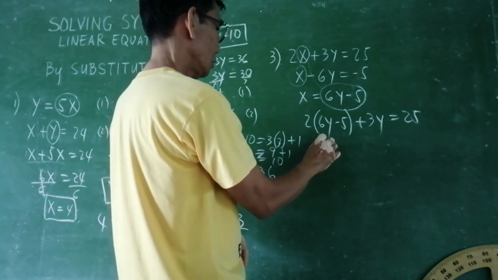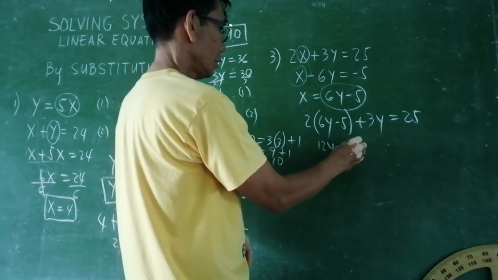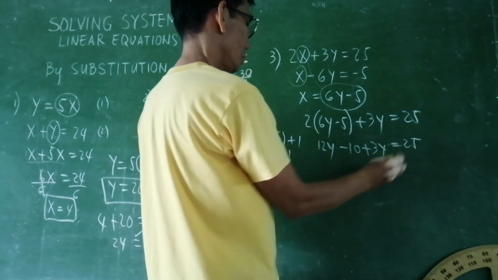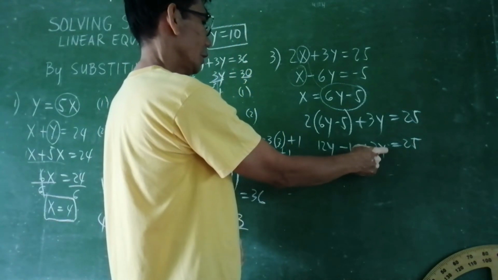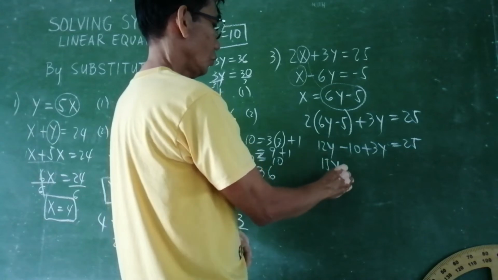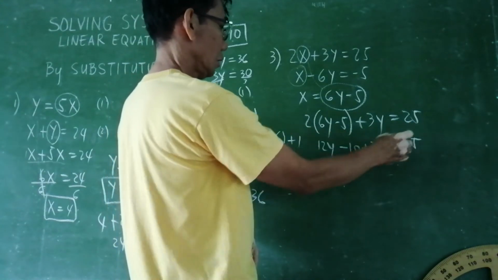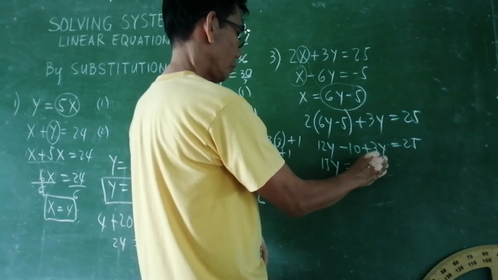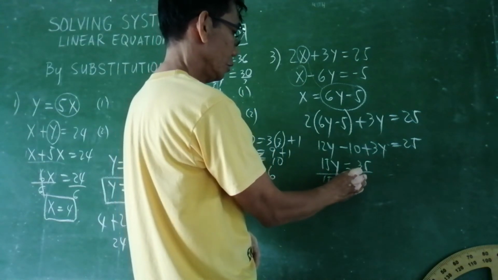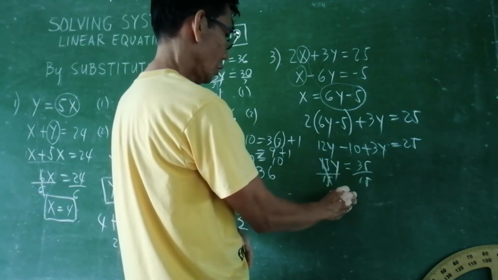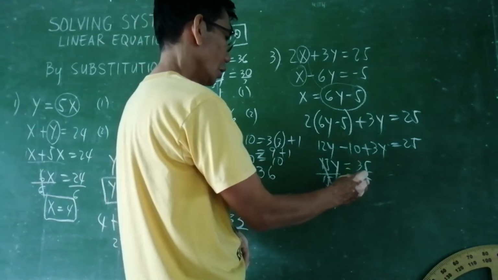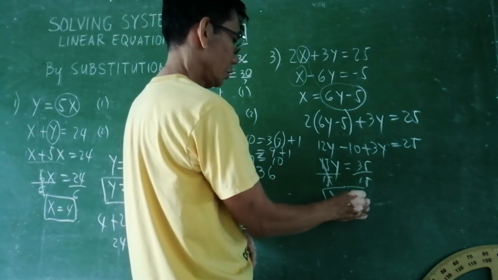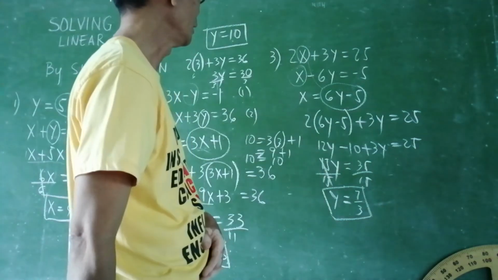So 2 times 6 is 12y minus 10 plus 3y equals 25. So 12y plus 3y is 15y. Transpose that, 10 plus 25 is 35. So divide by 15, divide by 15. So y will be equal to, we just reduce by 5, 7 over 3. So that's the value of y.